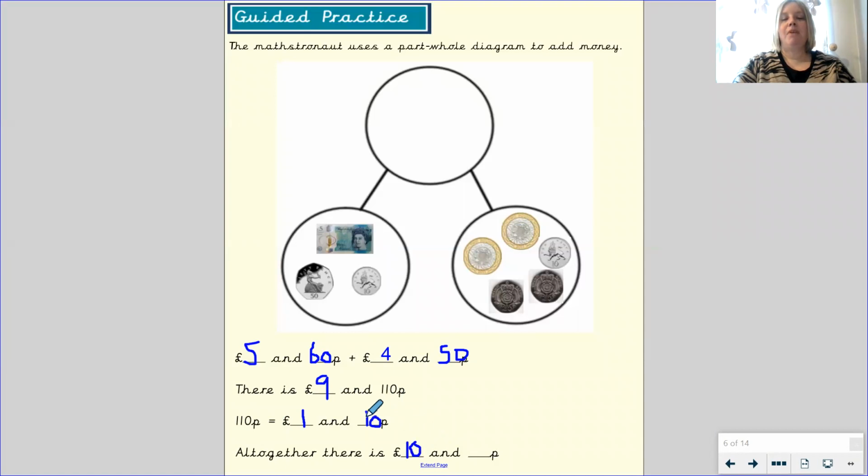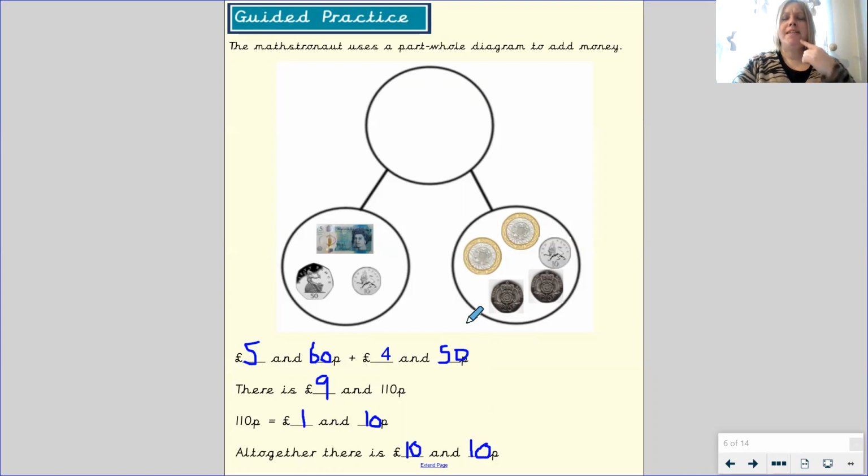Then I can add my pence. I've only got 10p here because I've exchanged 100 pennies for the £1. So altogether there is £10 and 10p.